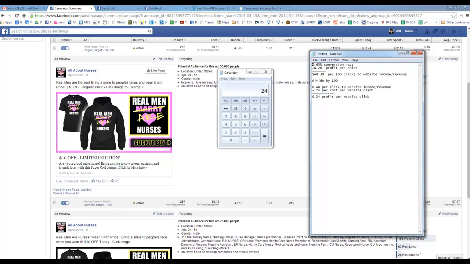Meaning out of 100 sales, there were only 80 transactions. Meaning 80 people bought 100 shirts, right? So every person bought 1.2 shirts. This formula does not account for that, and we won't account for it for now. We'll just count that as gravy, right? Anyways, so that's where we're at.